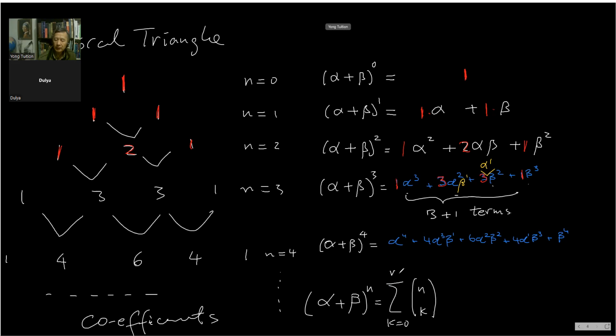That's why we altogether have n plus 1 terms, right? Alpha to the power of k, and beta to the power of n minus k.